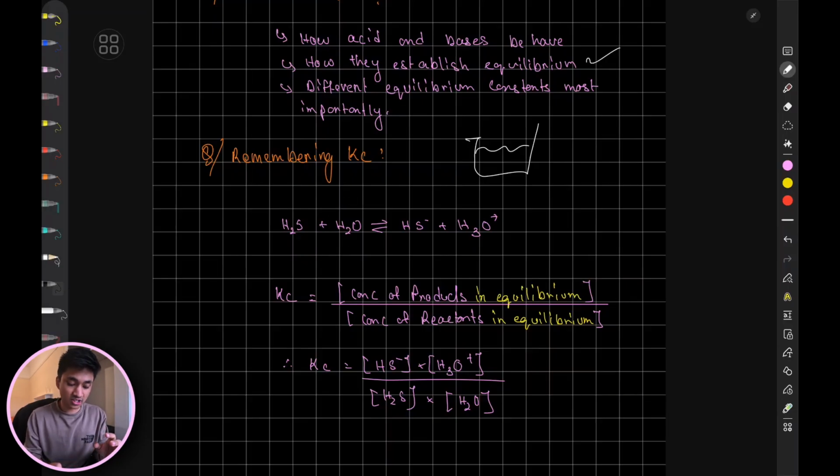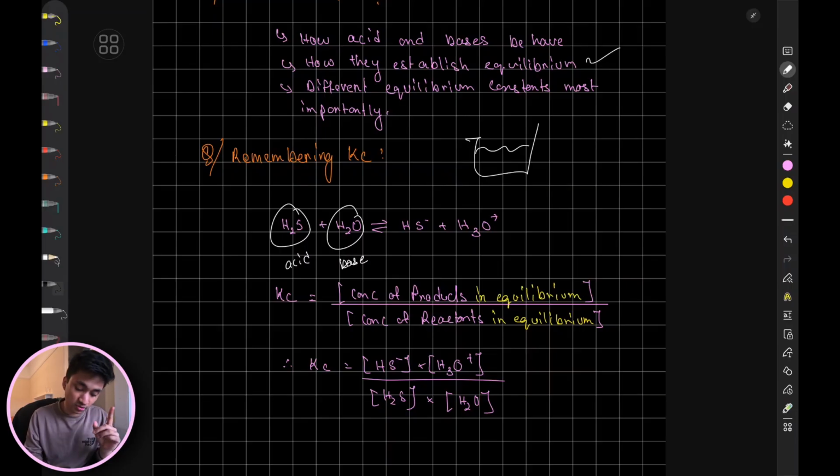In this reaction, H2S loses a hydrogen ion, H+, which gives it a minus charge. As this happens, H2O gains the H+ and becomes H3O+. So which one acted like an acid here? H2S acted like the acid in the forward reaction, and H2O acted as the base in the forward reaction.